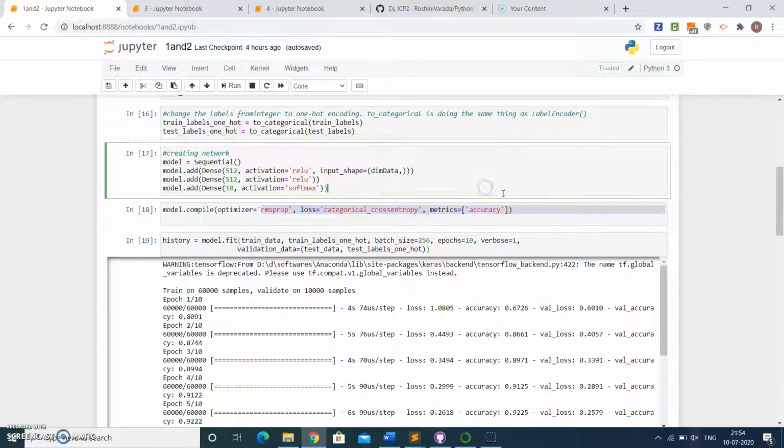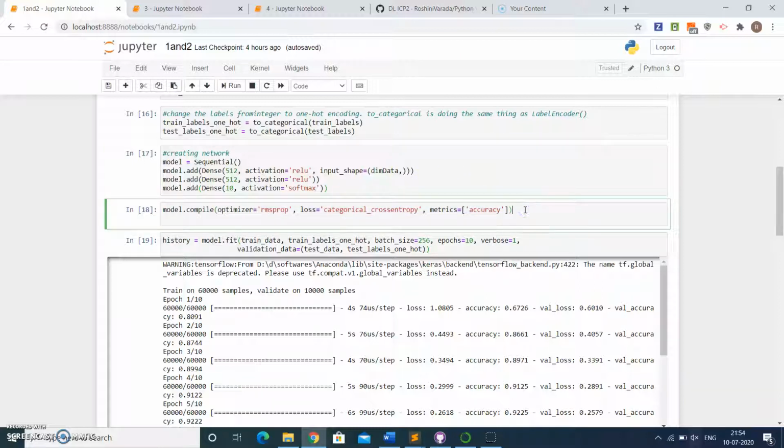And the metrics we are going to calculate are the accuracy as well as the loss here.